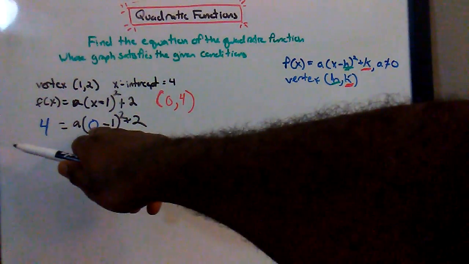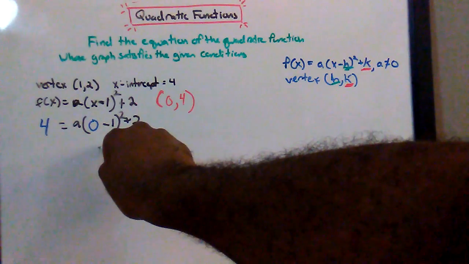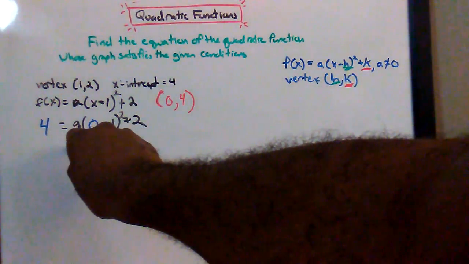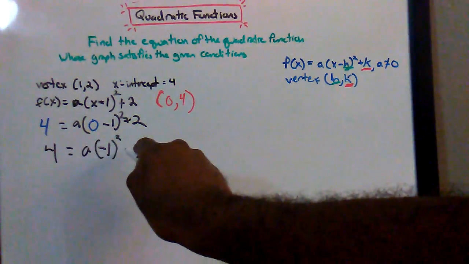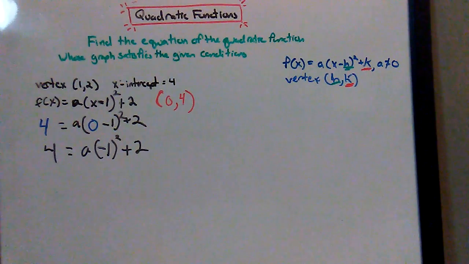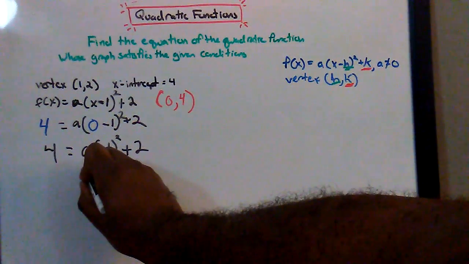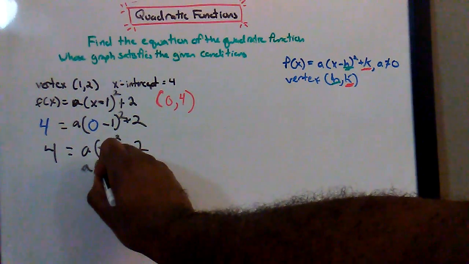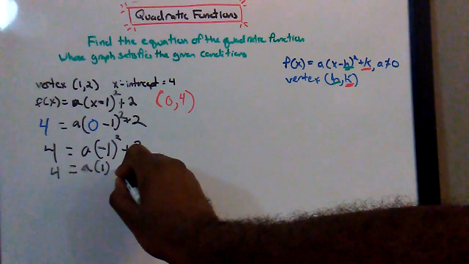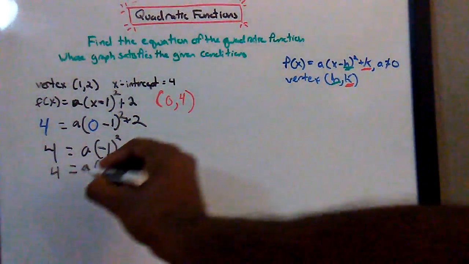Okay, so 0 minus 1 is just a negative 1 squared. Okay, and what's negative 1 squared? That's just a 1. And then a times 1 is just a.